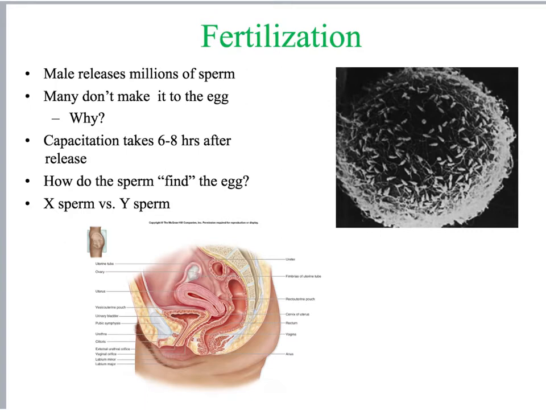And thousands more are destroyed by these parts of a woman's immune system. So only a few thousand sperm out of the millions in male ejaculate are headed their way up the fallopian tubes. But then you have to think half of them go to the wrong one, right?